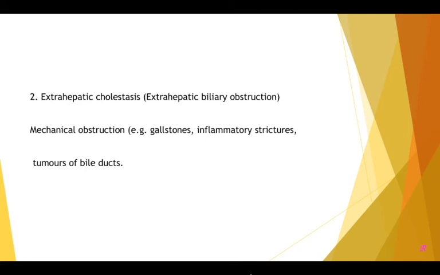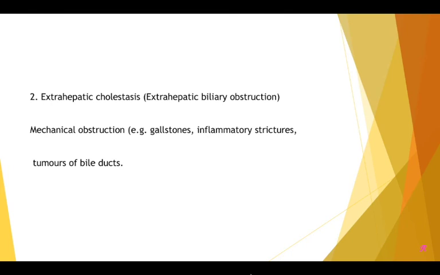Common hepatic duct joins with the cystic duct to form common bile duct, which joins with the pancreatic duct to open into the duodenum. So from the right and left hepatic duct to the duodenum, any obstruction means it is extrahepatic cholestasis. There are many reasons: it can be gallstones, inflammations, tumors, or any mechanical obstruction.